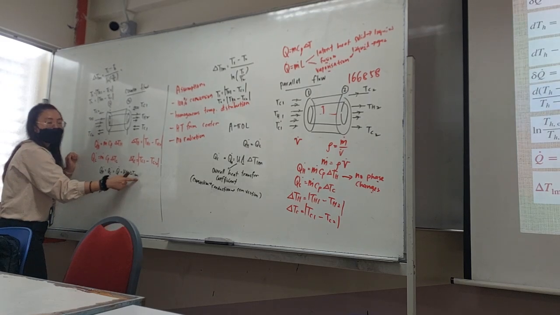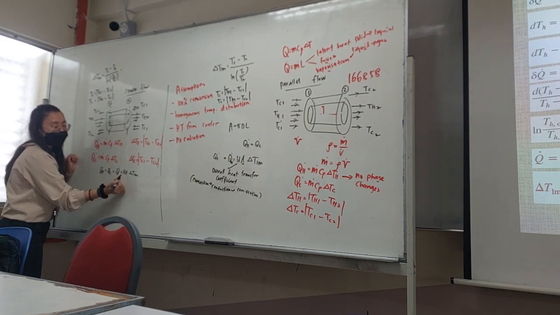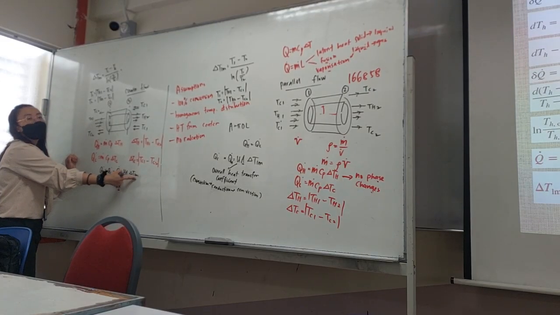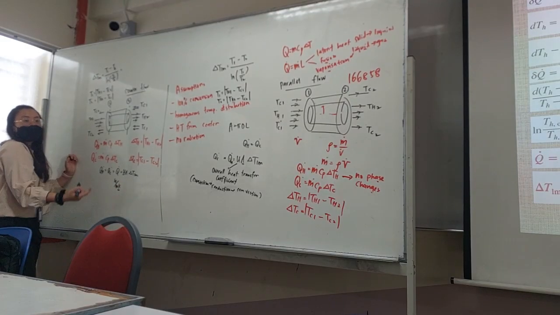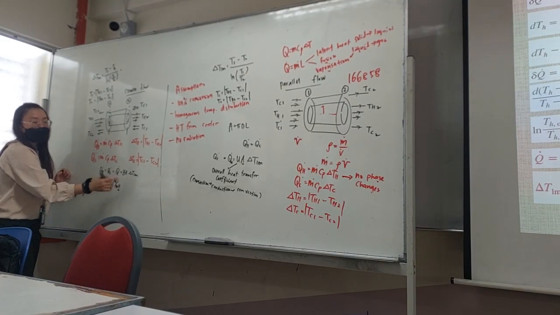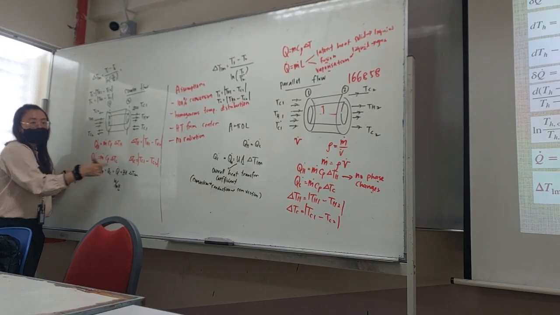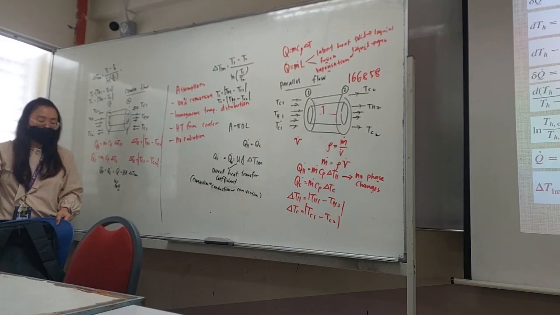So it depends on the questions. If the question asks you to calculate the U value, then the delta log mean depends on you. You can give it in degrees Celsius or in Kelvin, so this one is optional. But if the U value is given, you must follow the U value.